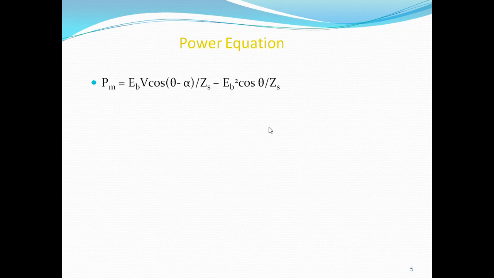As we know, the mechanical power developed at the shaft, Pm, is equal to Eb into V into cos theta minus alpha by Zs minus Eb square cos theta by Zs, where Eb is the back EMF and its value changes according to the load.